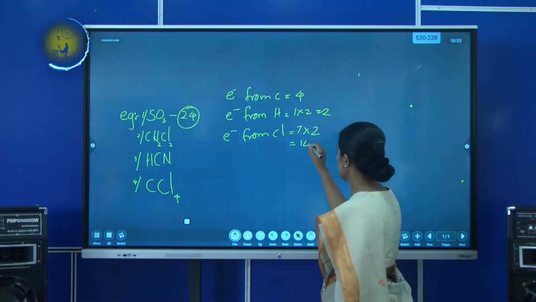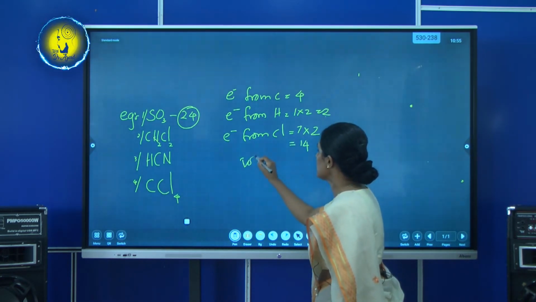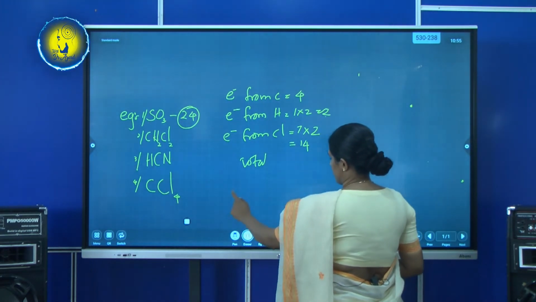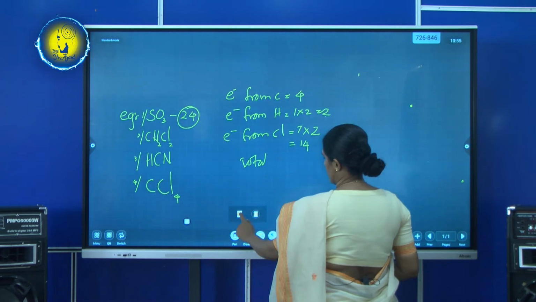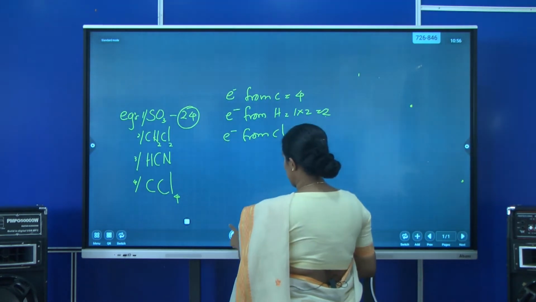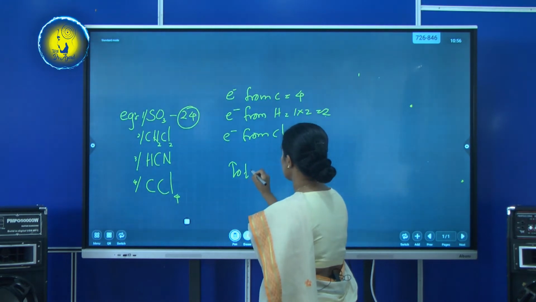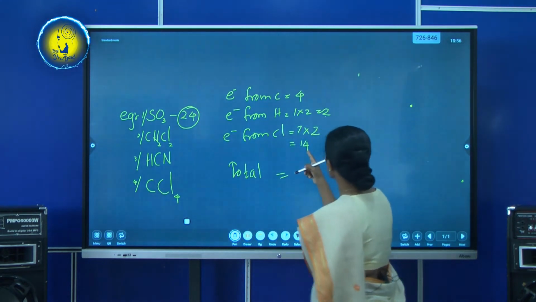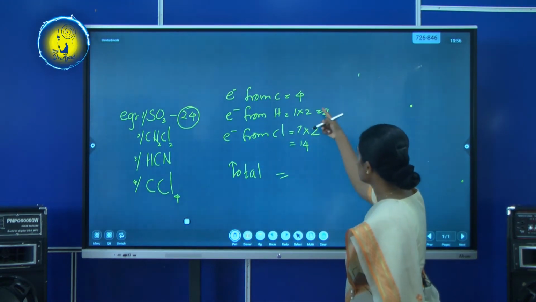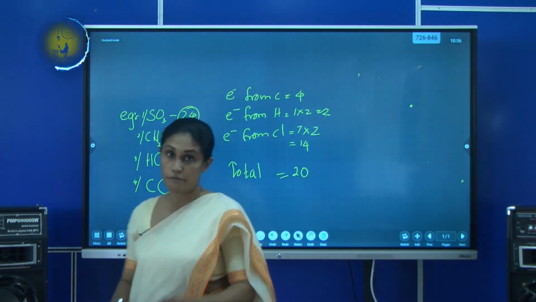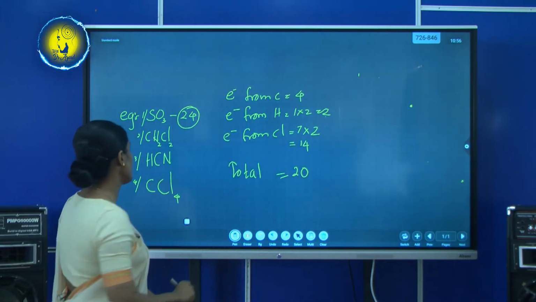Then this is 14. The total is 4 plus 2 plus 14, which is 20. So if your drawing is correct, finally you should gain 20 electrons.